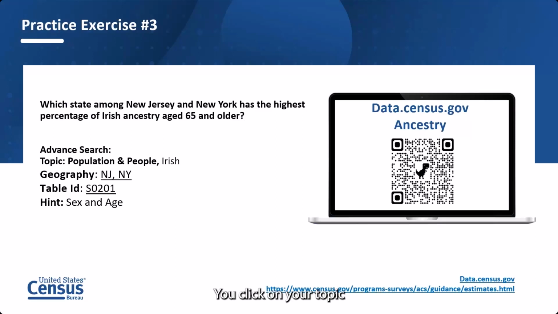You'll click on your topic and click on Ancestry, then Ancestries, and select Irish. You'll also add your geographies, New Jersey and New York. Then select your table ID.